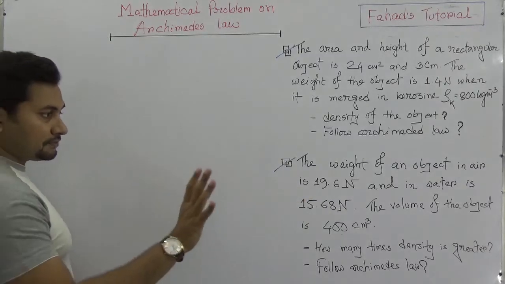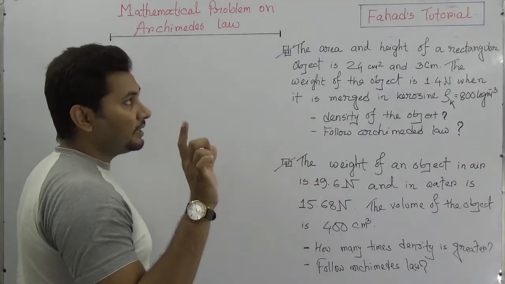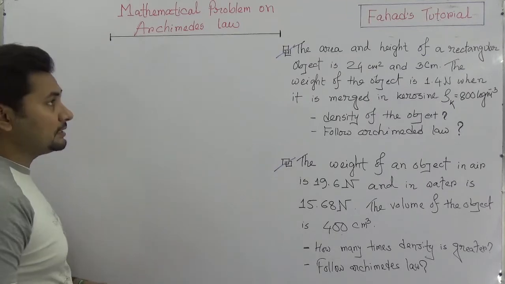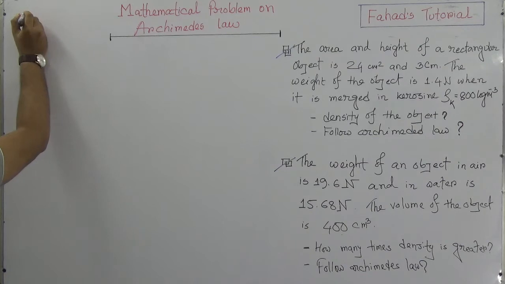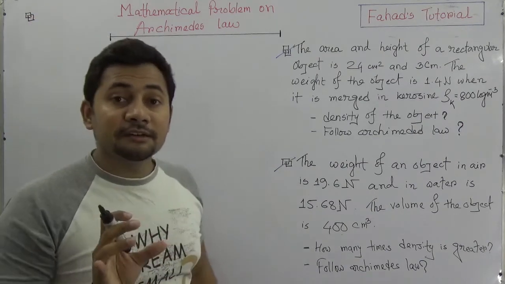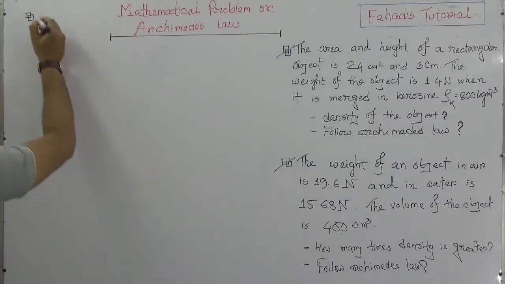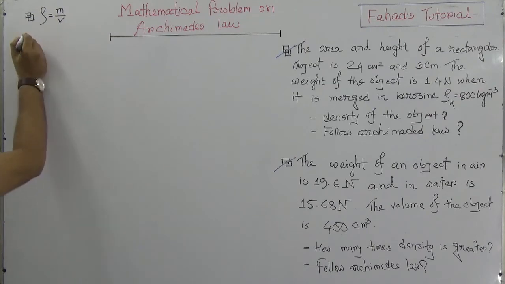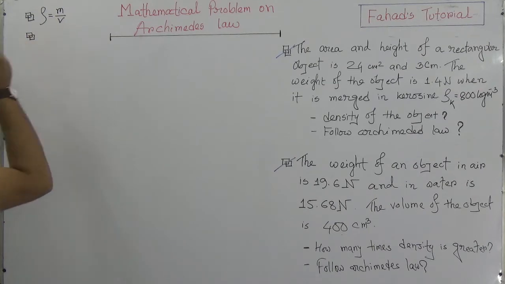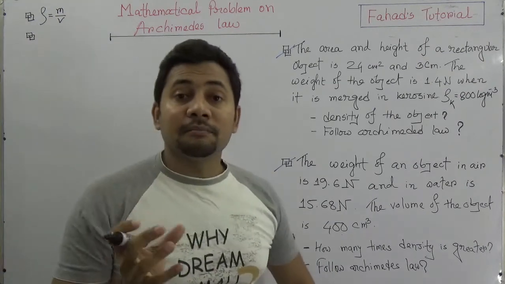Before explaining, I'm just giving you the principles of this chapter. At first, from the definition of density, rho equals m by v. You know it. And second is buoyancy.